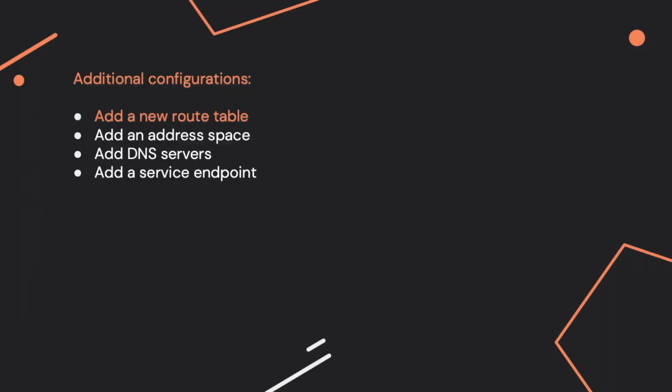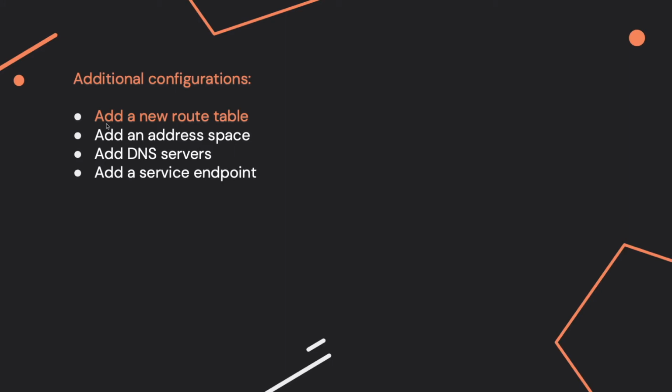So now, as the first configurations are done, you are required to create an additional configuration to make sure that, as we know, the traffic is sent through the virtual machine hosting the intrusion software. And you are asked, either you have to add a new route table or add an address space, add DNS servers or a service endpoint.